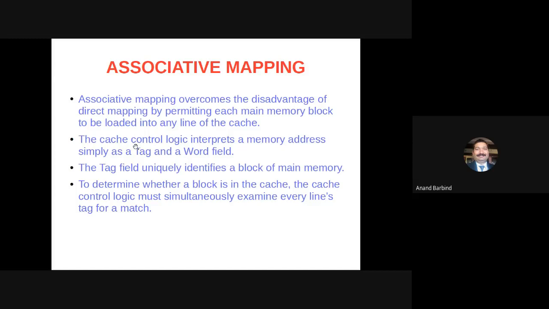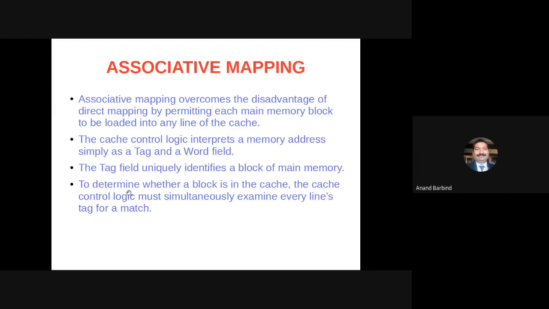Okay, so the cache control logic interprets a memory address simply as a tag value and a word field. That is, the tag value is bigger in this case. The tag field uniquely identifies a block of the main memory. To determine whether a block is in the cache, the control logic must simultaneously examine every line's tag for a match.